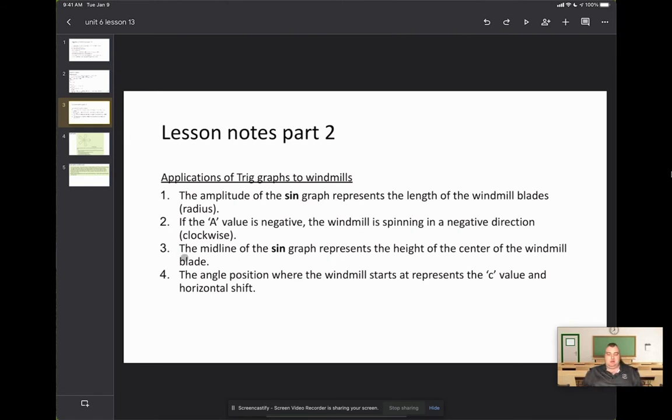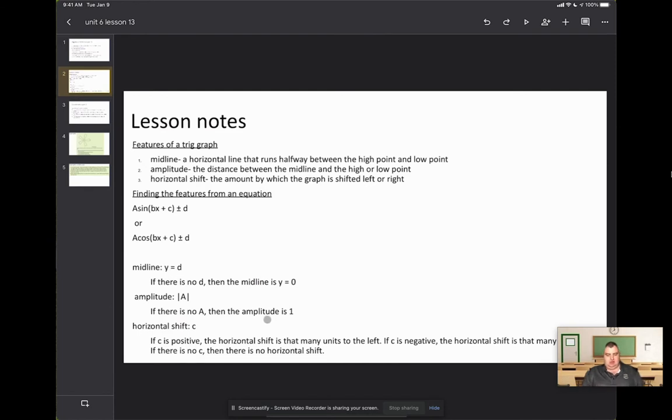And the angle position where the windmill starts represents the C value and the horizontal shift. So that's this one.